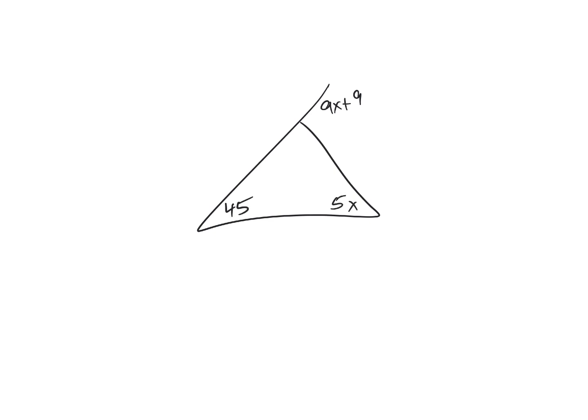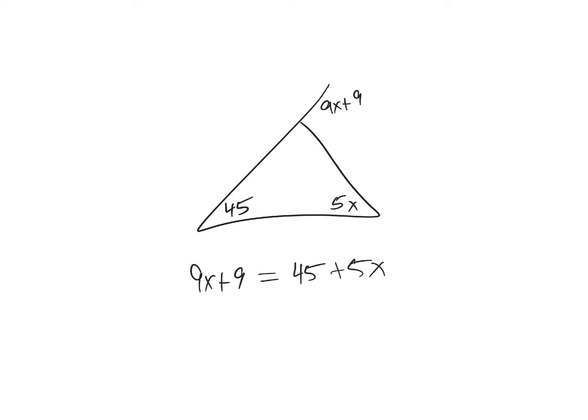All right, let's try this one. The exterior angle is 9x plus 9. That's equal to the opposite two angles added together, 45 and 5x.